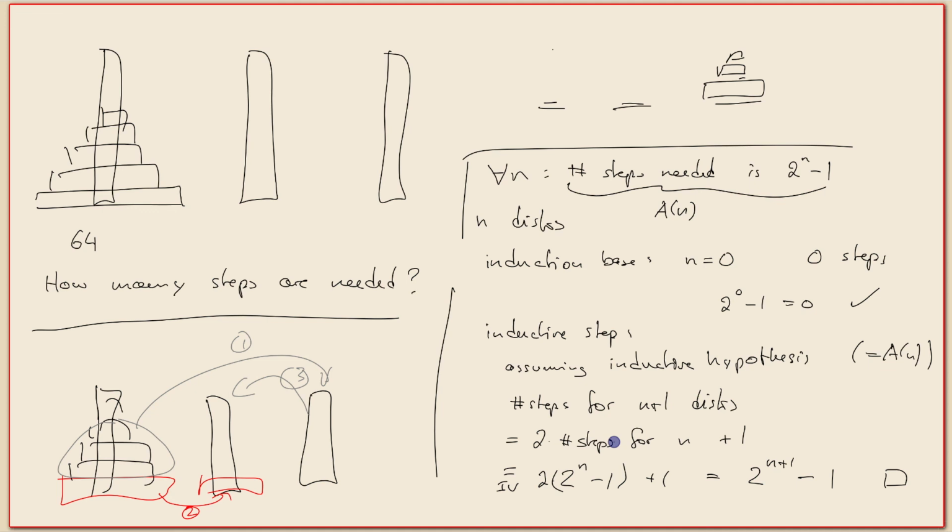Whereas if you try to prove all of this directly from nothing, it's also doable for this puzzle, but it's more tedious and needs more insight up front, whereas the induction here guided you to what you had to do. All right? Good. That was Towers of Hanoi in 5 minutes.